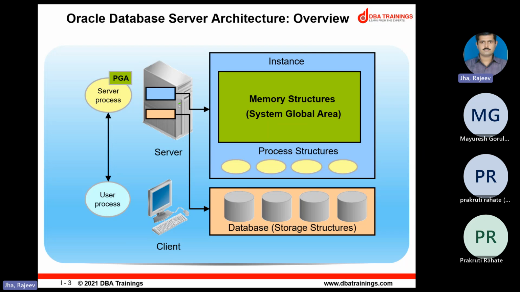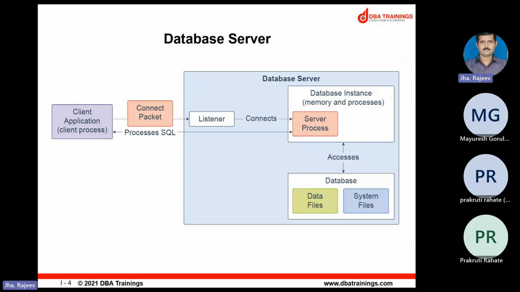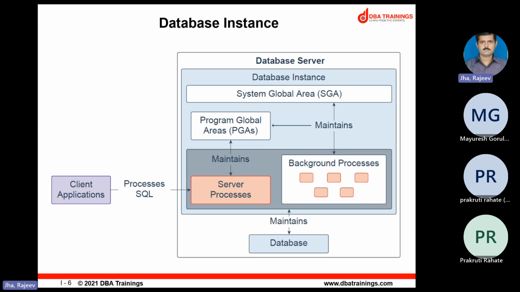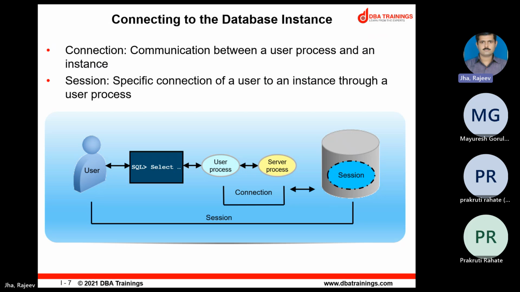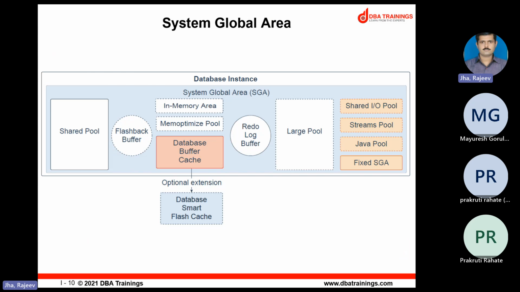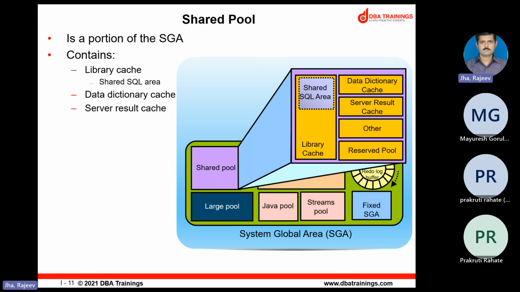In the architecture, we will talk about the different processes, then how the non-cluster system will work, how RAC will work, how Data Guard will work. Then we talk about each and every background process, then how communication happens with the database, so connections. Then we talk about the memory structure, and then the SGA part, and I stop here.